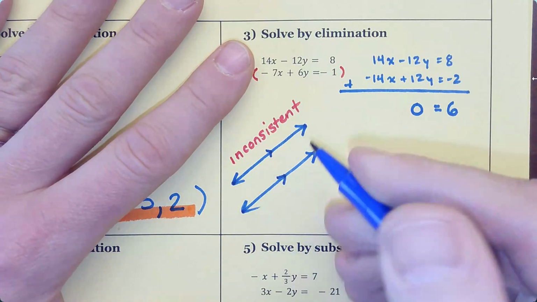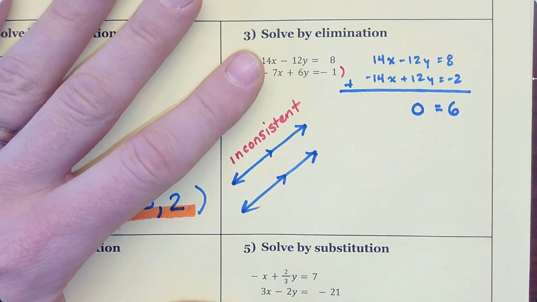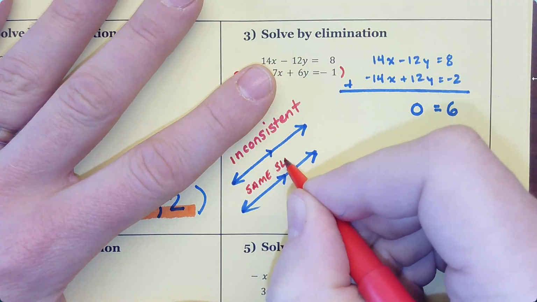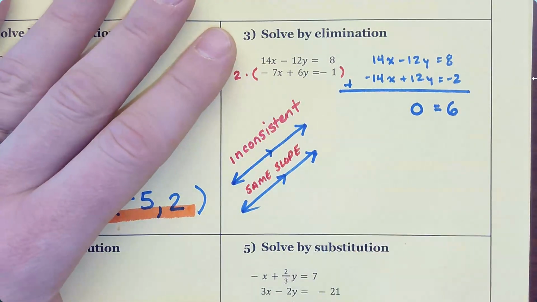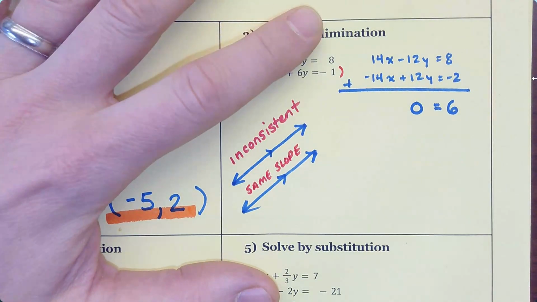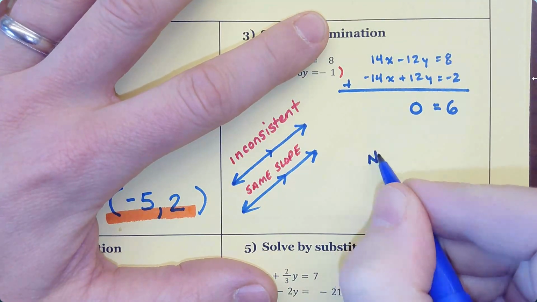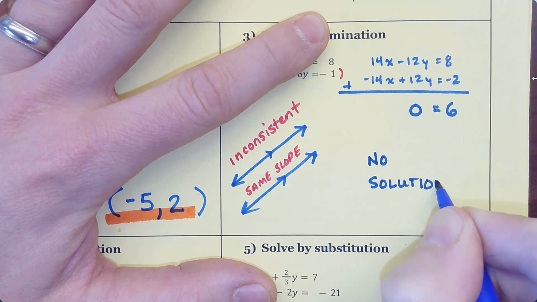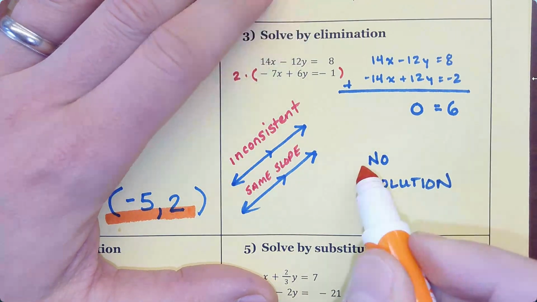They have the same slope, but a different y-intercept, so they never intersect. And that means that there is going to be no solution points. That's what you would write in this case right here.